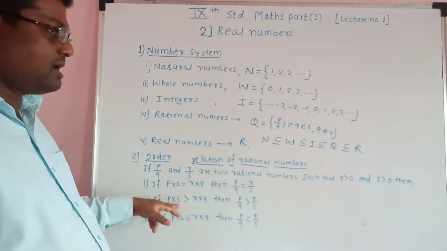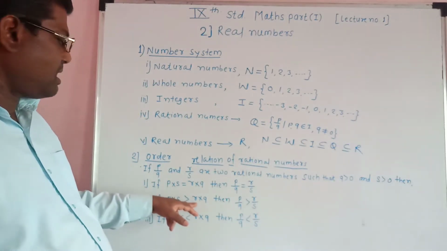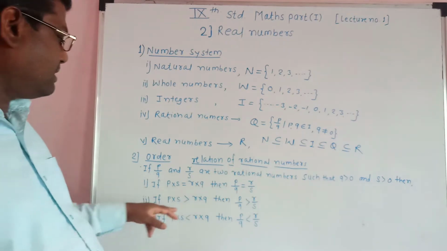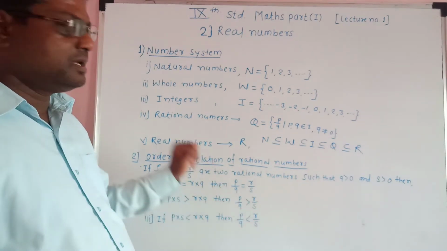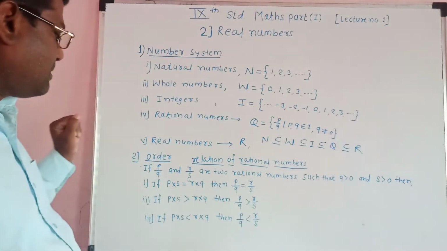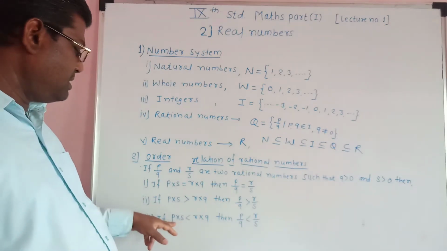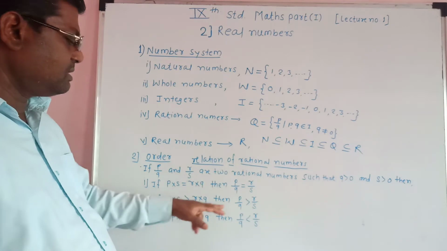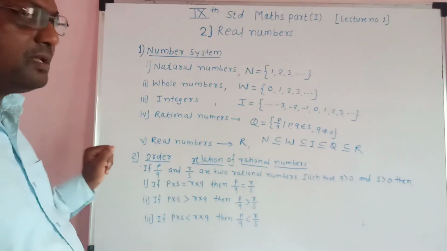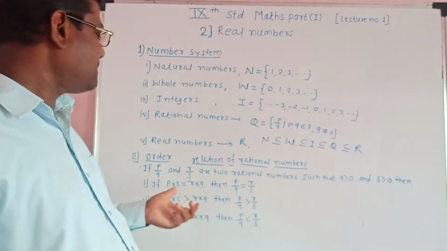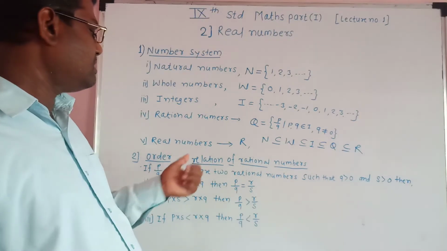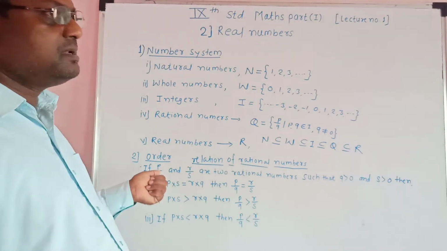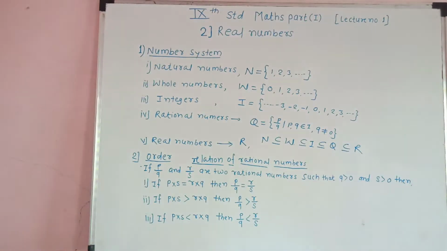If p into s is greater than r into q, then p upon q is greater than r upon s. If p into s is less than r into q, then p upon q is less than r upon s. This is called the order relation of rational numbers.